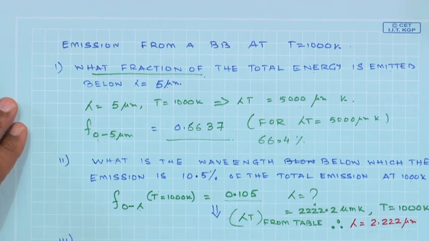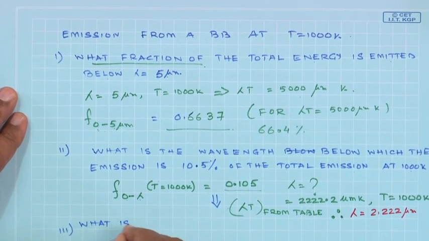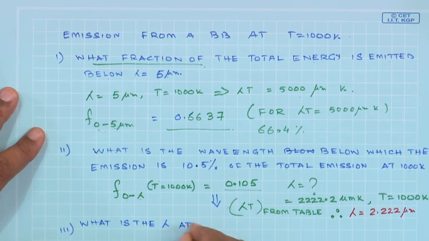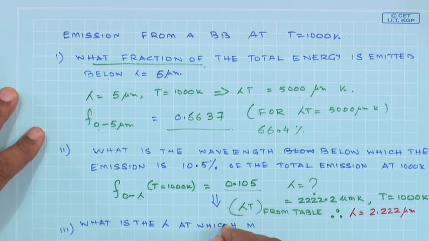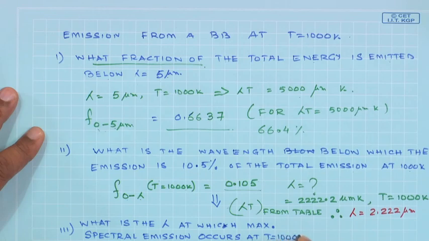And the third one is what is the wavelength, what is the lambda at which the maximum spectral emission occurs at T equals 1000 Kelvin.